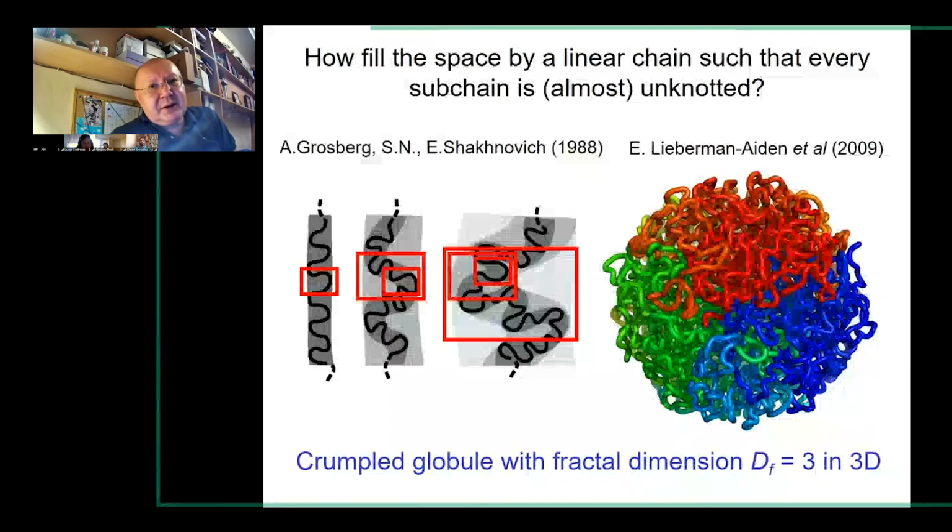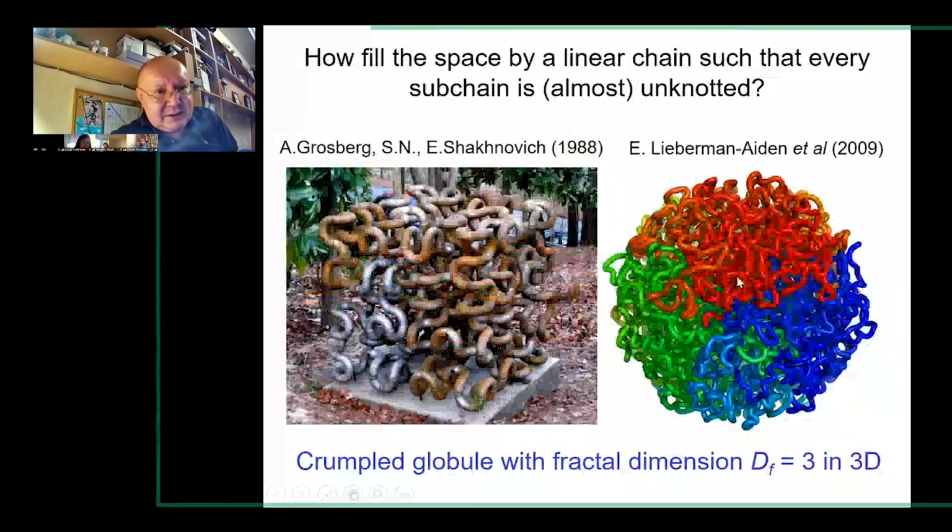You freeze the structure of DNA in chromosomes by special methods, and then you can see which are the contacts. They compute the so-called contact map. They can see which parts of DNA are in contact in space with other parts of DNA. Using these contact maps, one can make a judgment about the fractal dimension of the whole configuration. And this is how it looks. Schematically, it looks like a Peano curve.